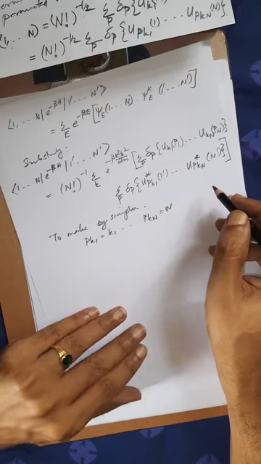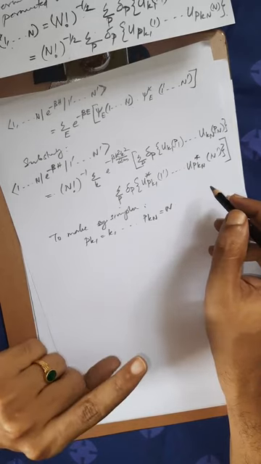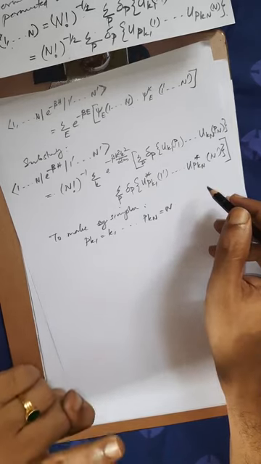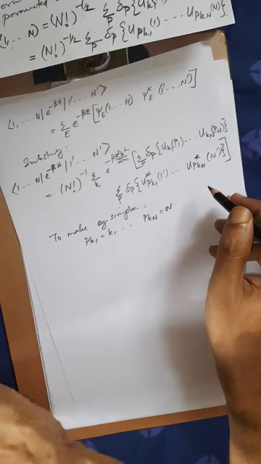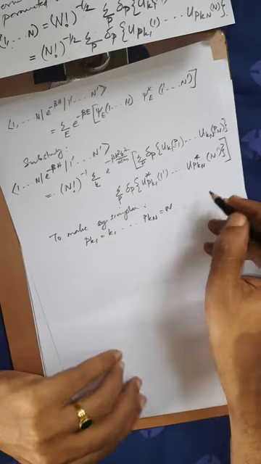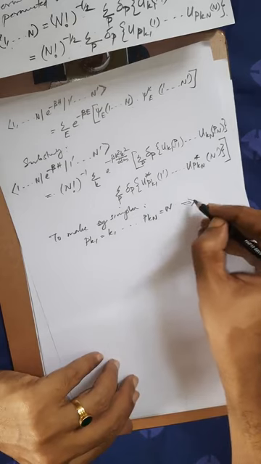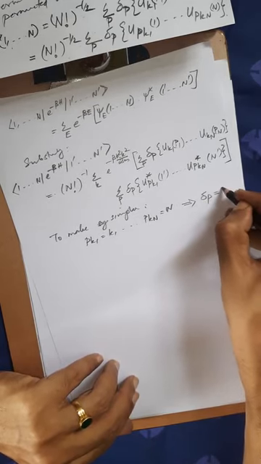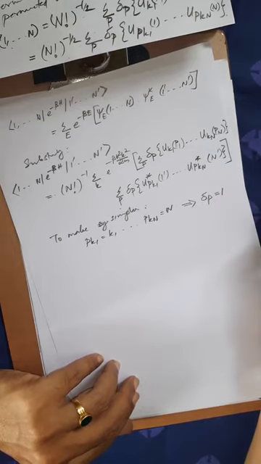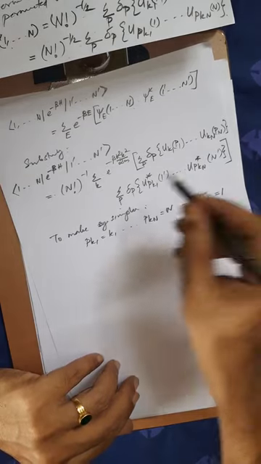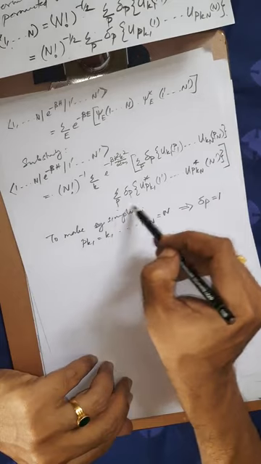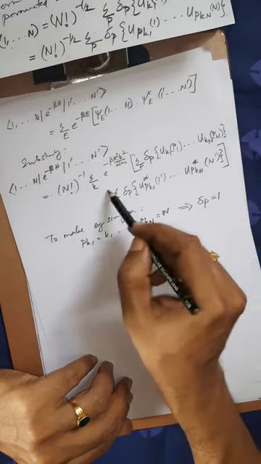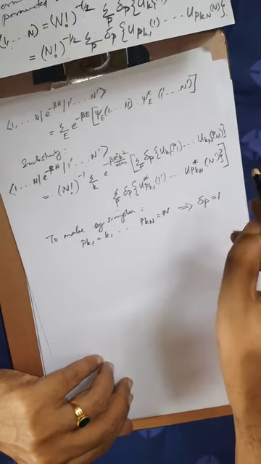What does pk1 equal to k1 mean? It means that the permutation is always an even one, right? So for this situation, I have delta p equal to 1. I am going to apply this for the second term over here.